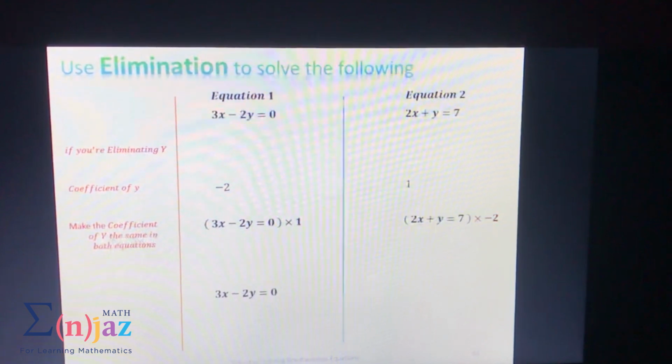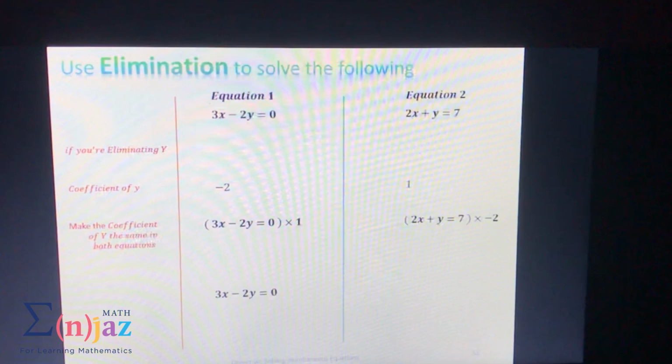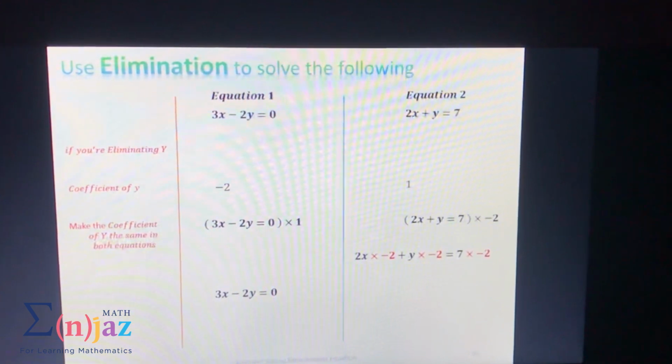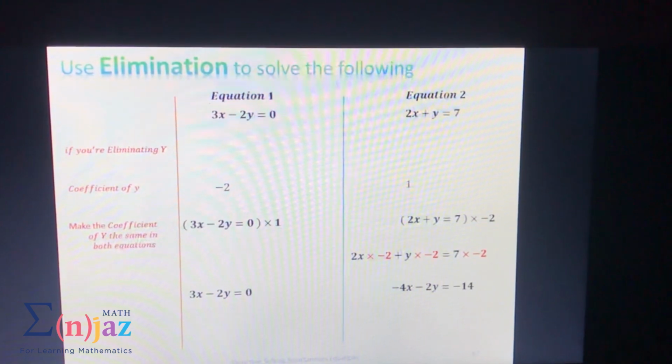We're going to end up with the first equation as is, and when we multiply the second equation by negative 2, negative 2 times 2x is negative 4x, negative 2 times y is negative 2y, and negative 2 times 7 is negative 14, as you can see here. We multiply negative 2 by each term in the equation. And we're going to end up with negative 4x minus 2y is equal to negative 14.